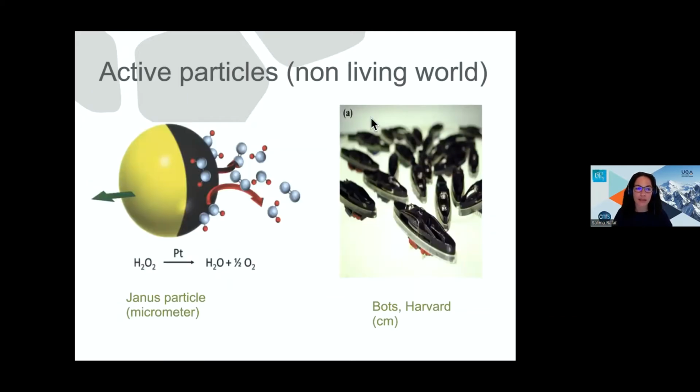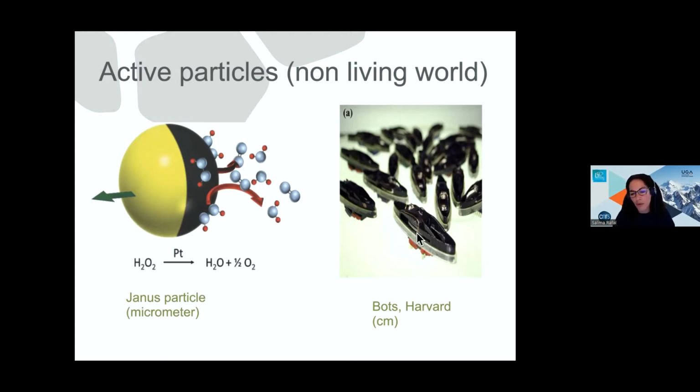The counterpart in the synthetic world, let's say, is this example of a synthetic particle, a Janus particle that has two sides and has been built to be able to propel itself in liquid.